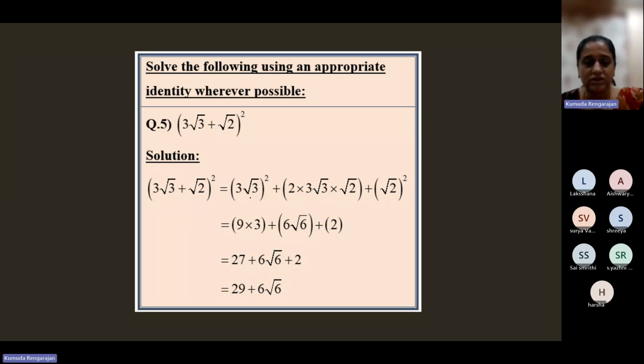Now 3 into 3 is 9. Root 3 into root 3 is 3. 2 3s are 6. Root 3 into root 2 is root 6. And root 2 into root 2 is 2. 9 3s are 27. And this is 6 root 6. 27 plus 2, 29 plus 6 root 6.